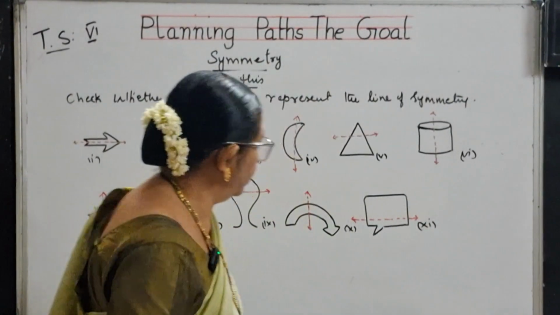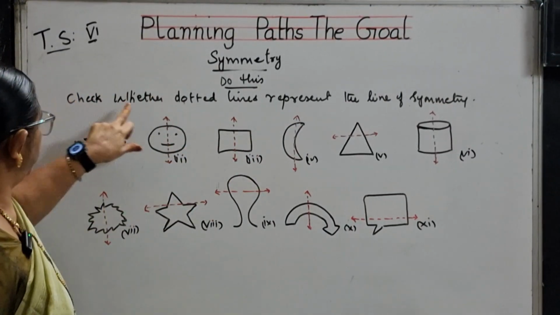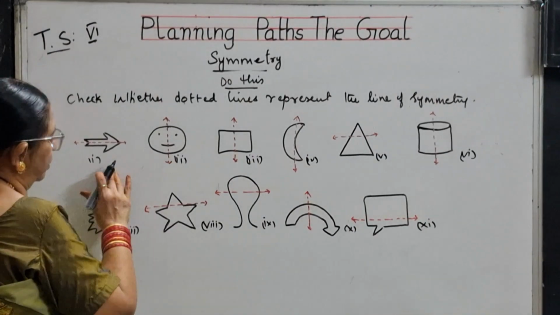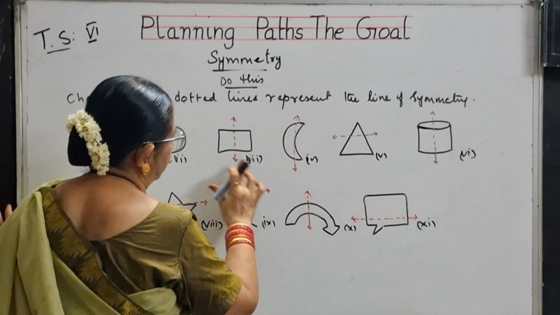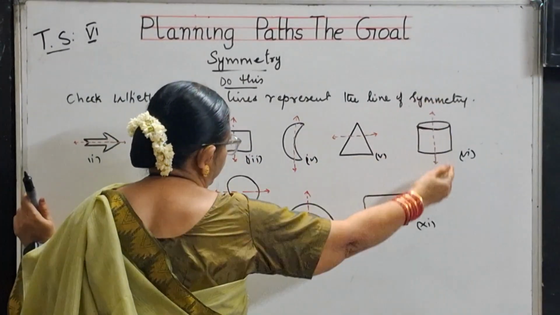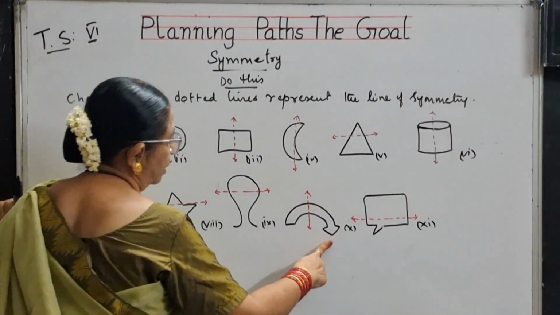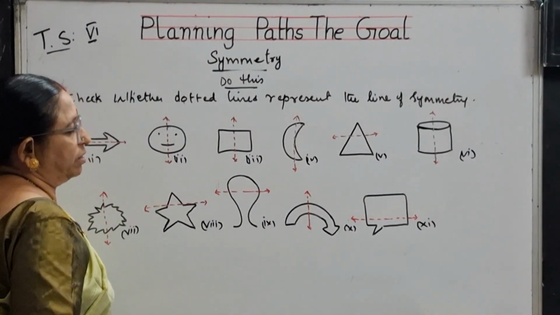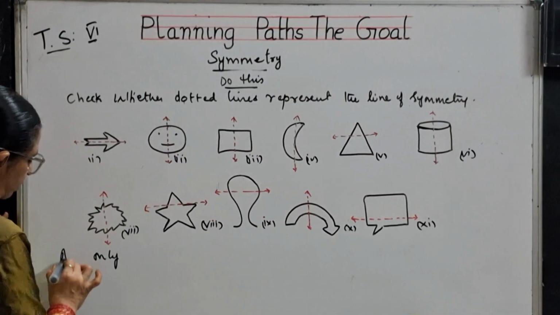Now the next to do, children, you have the figures given like this and the lines are drawn. You have to check whether the dotted lines represent lines of symmetry. So here when you see the first one, second one, see here the third one, there is a difference. The fourth one is a difference, fifth a difference, sixth again you are having the same mirror images. Seventh, eighth, ninth, 10th, 11th, all these figures have lines which are not dividing the figures into equal parts. So, this is the answer that I am writing.